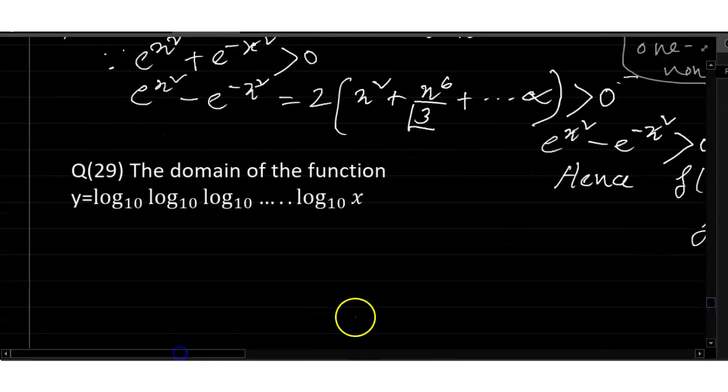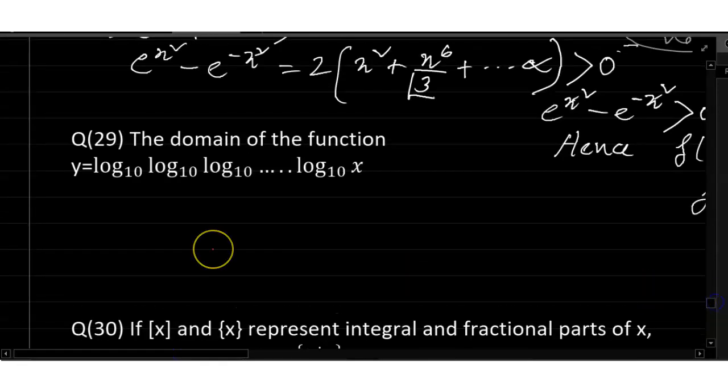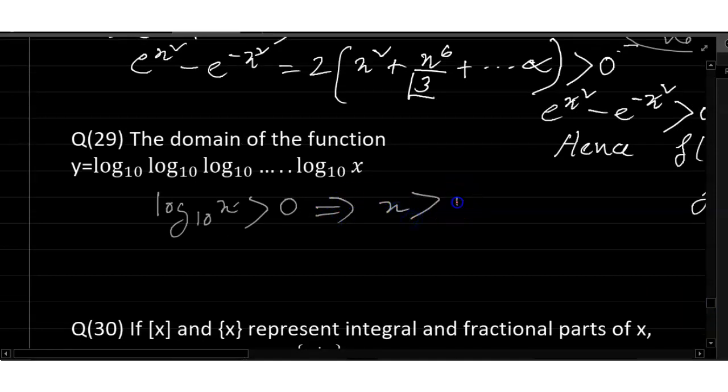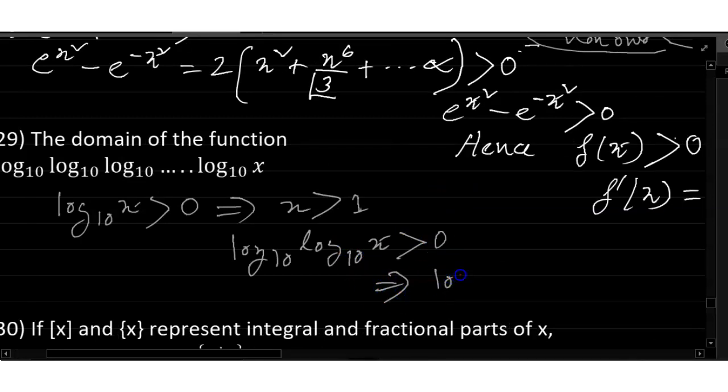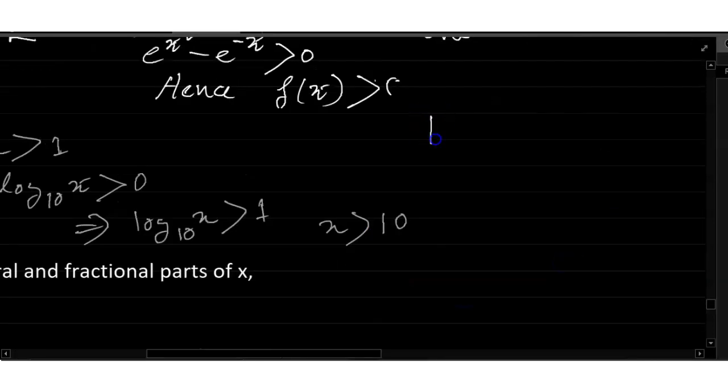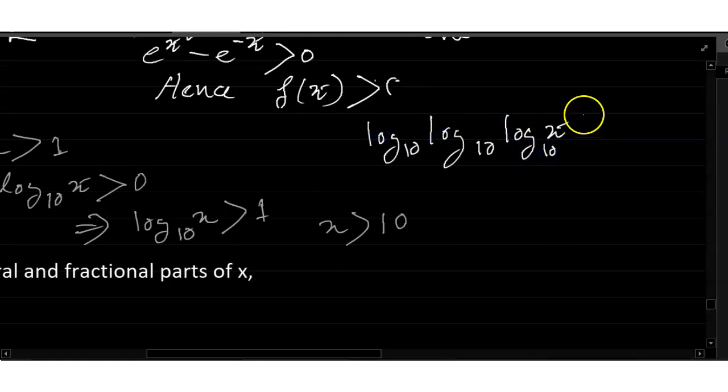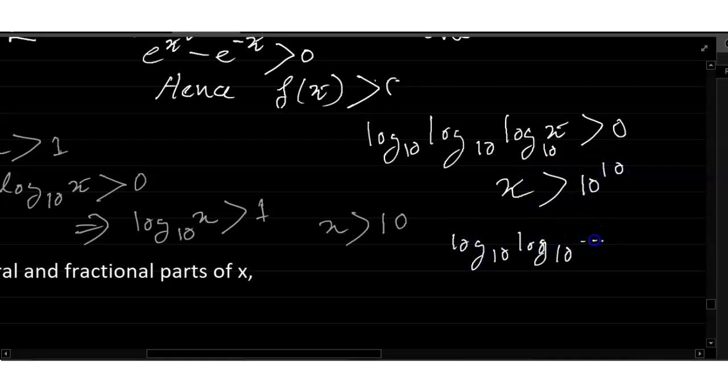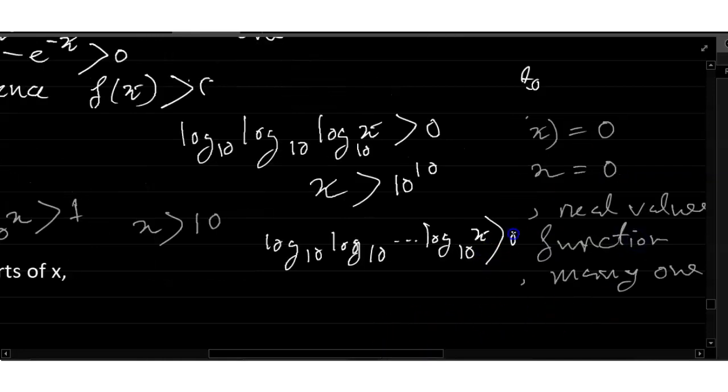Next problem is y is equal to log 10 log 10 log 10 x. So that implies log 10 x is less than 1. Similarly, log 10 log x greater than 0. We can say that x is greater than 10 to the power log 10, log 10 x greater than 0.